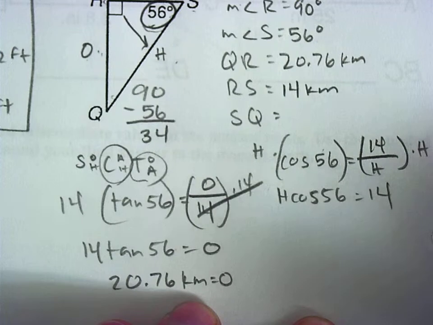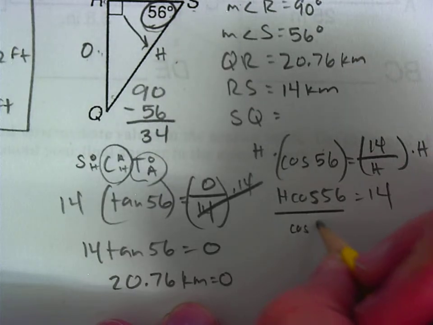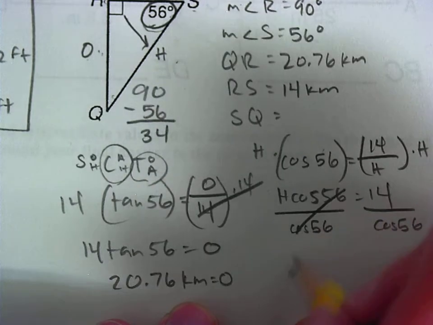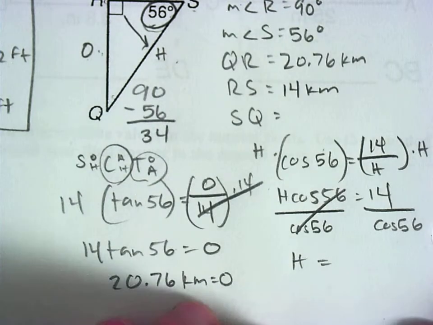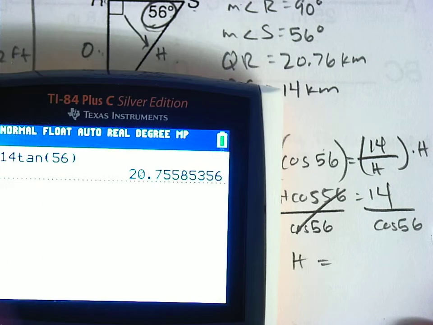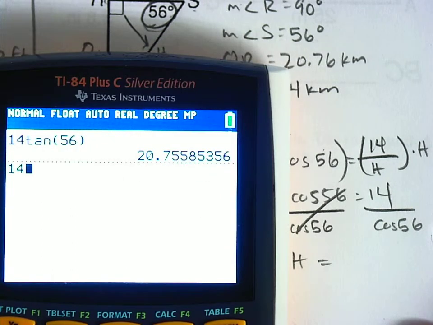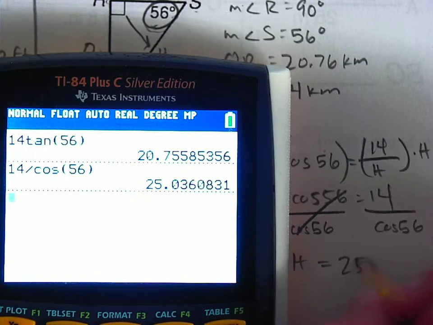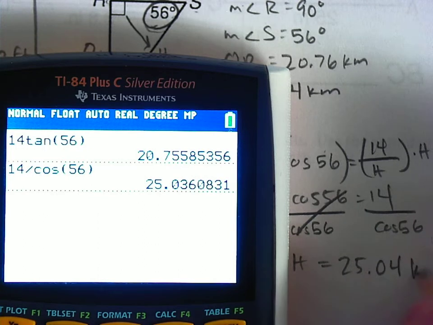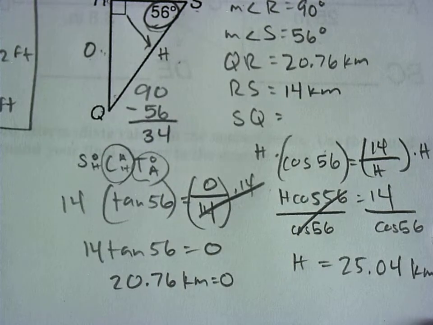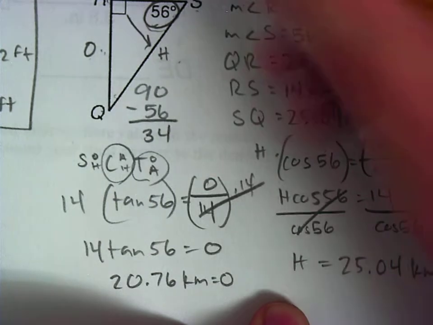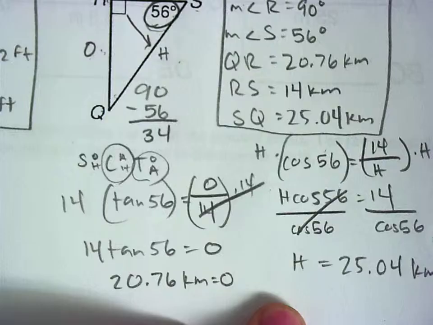And then to get H alone, we divide by the cosine of 56. H equals, and now that H is alone, we just type it into the calculator. So 14 divided by cosine of 56 is 25.04 kilometers. That whole thing is our answer.